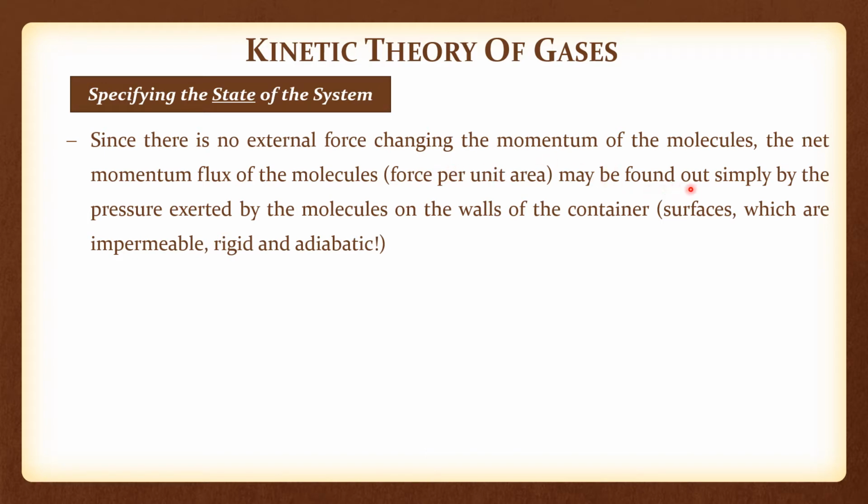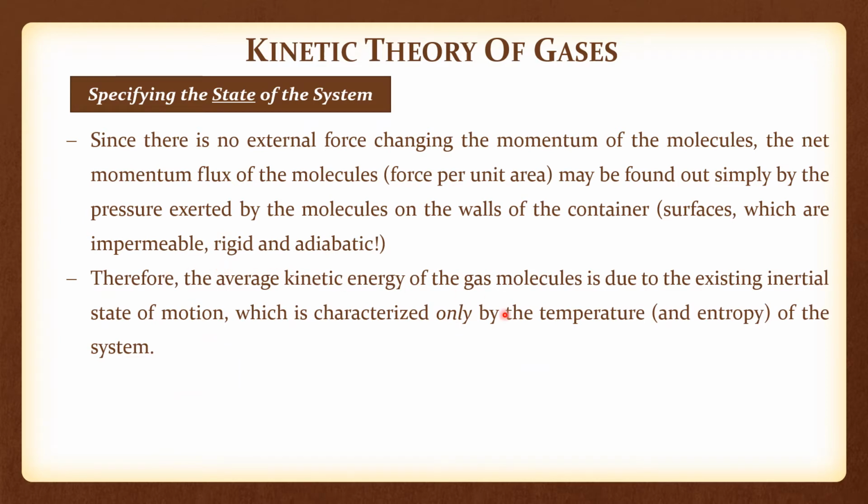This may be found out simply by the pressure exerted by the molecules on the walls of the container, which are surfaces which are impermeable, rigid and adiabatic. Again, I am throwing some thermodynamic terminology in here. So in other words, the molecules cannot escape or diffuse through the surface. The surface itself is rigid, it's not going to move, and there is no exchange of energy with the surroundings.